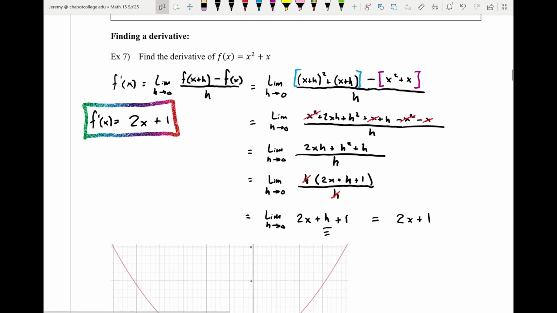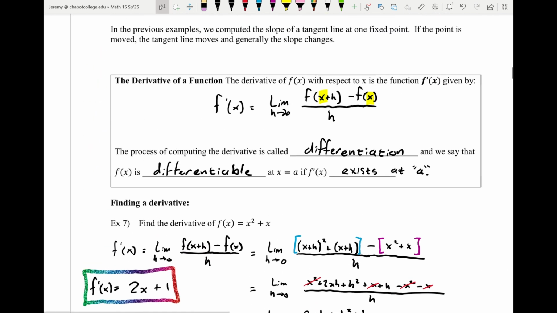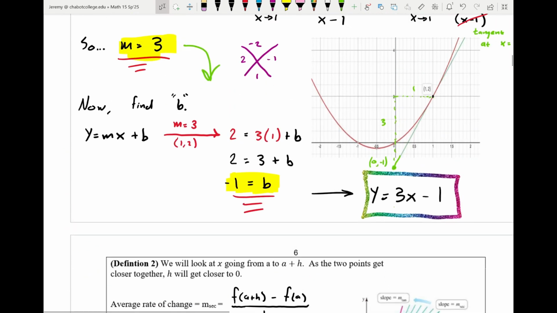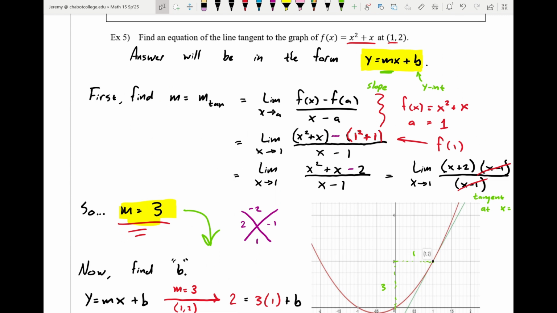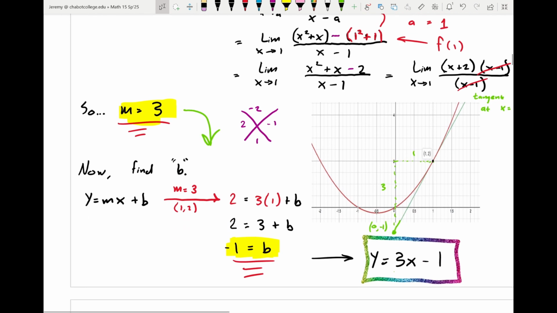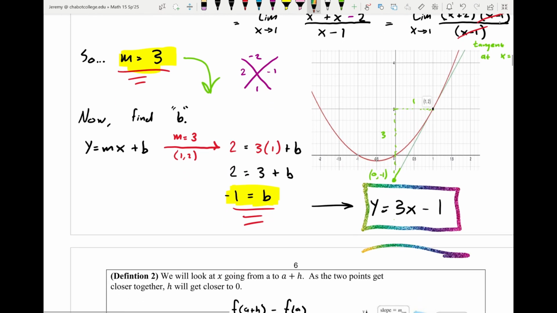So this function that we started with, x squared plus x, this is the same function we were working with in example 5. And remember, we went through all this work and we found that the equation of the tangent line at the point 1, 2, so associated with the x value 1, we got that the slope was 3, and this was the equation of the line right here.